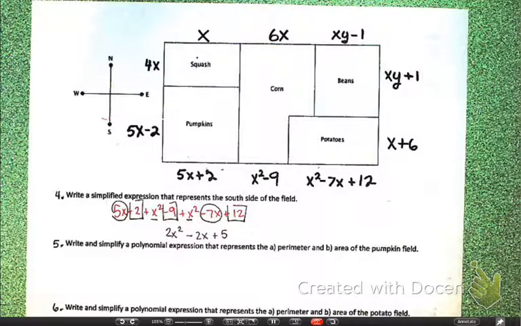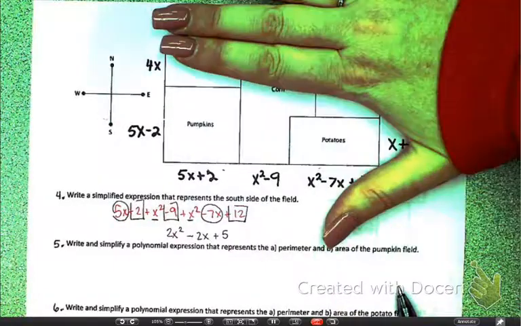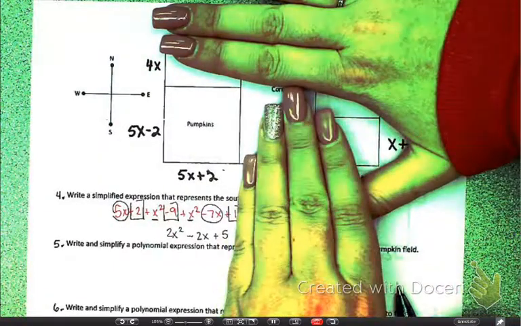Does everyone see what we did? Okay, so number 5, write and simplify a polynomial expression that represents A, the perimeter, and B, the area of the pumpkin field. So all you are looking at is that piece there.